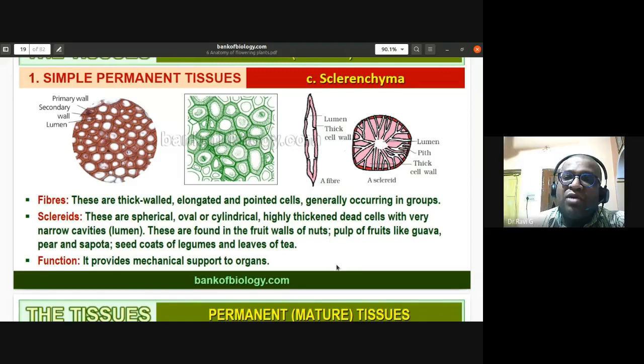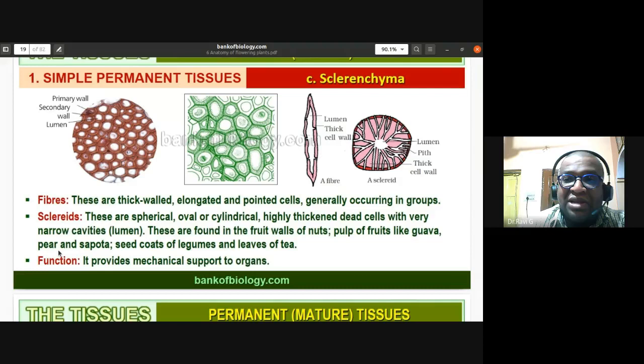Where are the sclerites found? They are found in the fruit walls of nuts, and in the pulp of fruits like guava, pear, and sapota. Pear is the same as apple, but the desi variety that you consume is very hard.